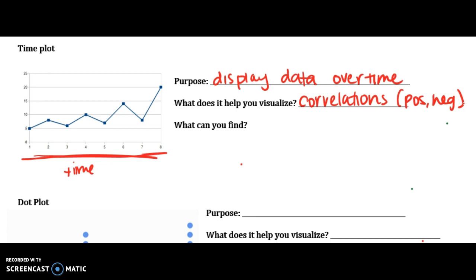You can also find like the mean or the median or the mode very easily by just kind of looking at the numbers. So you have a 5 and maybe a 7 and a 6 and a 10. And you can find the average of all those things, but you're going to have to take the time to like list them out so you can find the average.